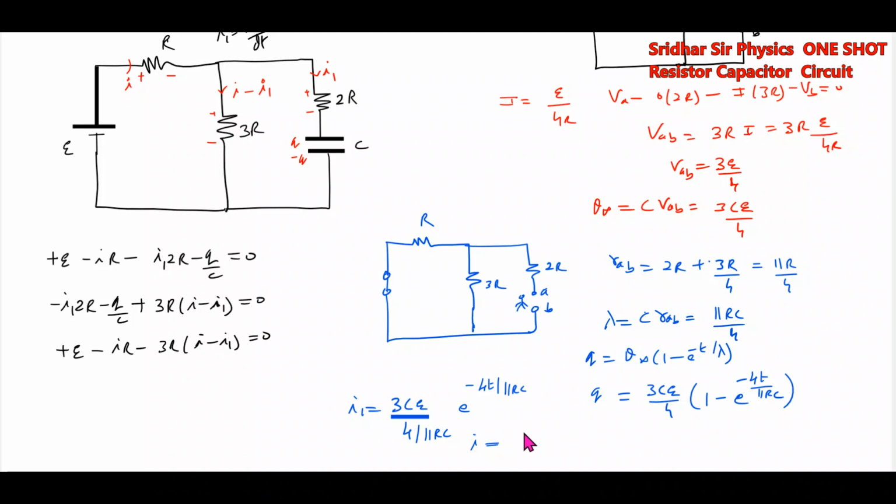Then the expression for current will have t by lambda. Lambda is how much? Lambda is 11RC by 4, no?